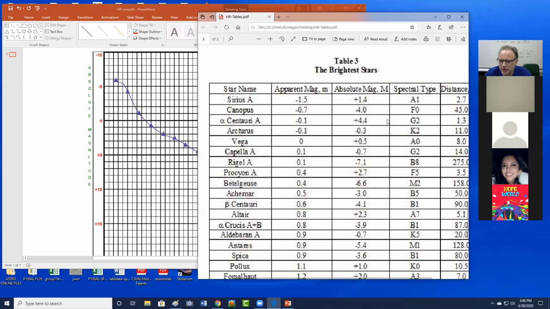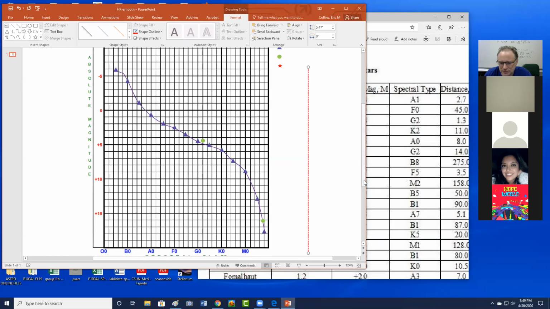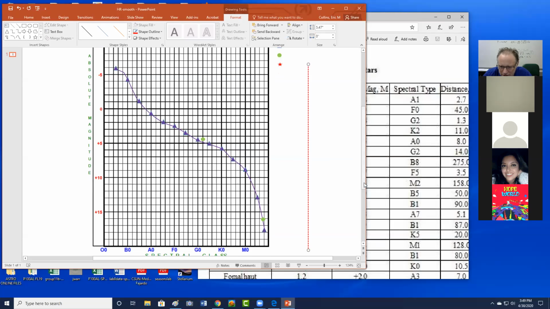So I'm doing Betelgeuse here, which is M2, negative 6.6. So I got to go back over here to M2. Copy my star, paste.